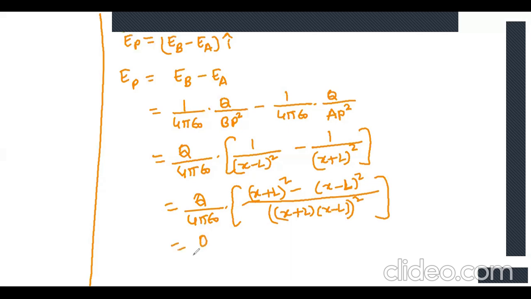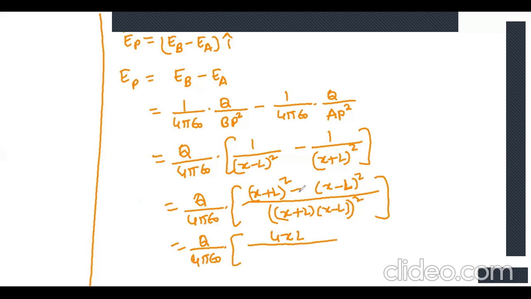Numerator, it is in the form of A plus B whole square minus A minus B whole square. That is 4AB.